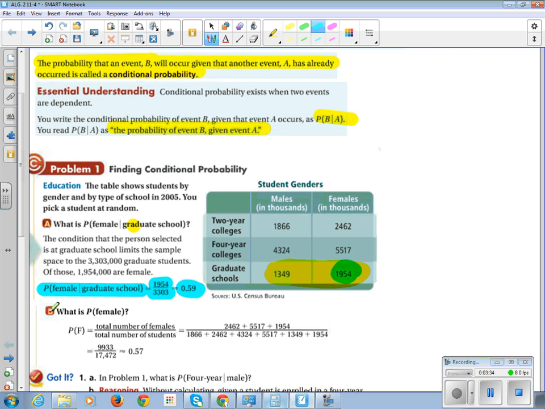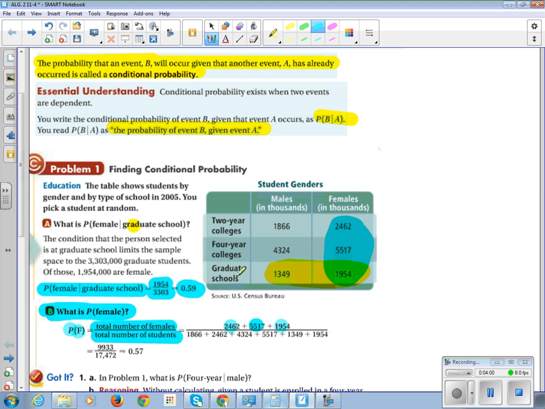So let's look at another probability. This one isn't conditional. This is just the probability of being female. So the probability of female is your total number of females divided by your total number of students. You total your females, which is 2462, 5517, and 1954.